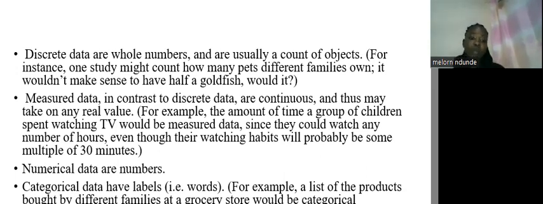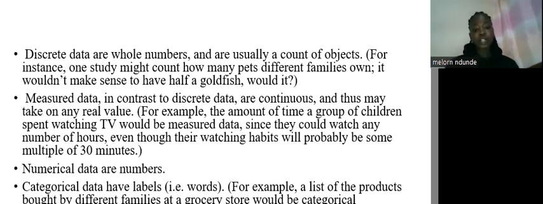Then we also have numerical data, where the data are just numbers. Then categorical data have labels, for example, words. A list of the products bought by different families at a grocery will be categorical.